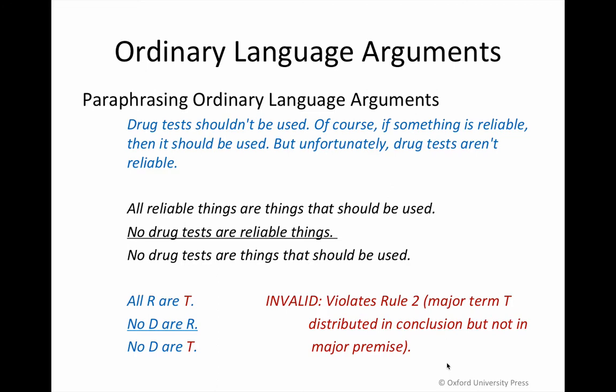It is distributed not just once, but twice, so it meets rule number 1, or the argument satisfies rule number 1. Rule number 2, however, is a problem. Notice that T is distributed in the conclusion, but not in its corresponding premise. Hence, the argument is invalid. It violates rule number 2. It is a fallacy of what's called illicit major.